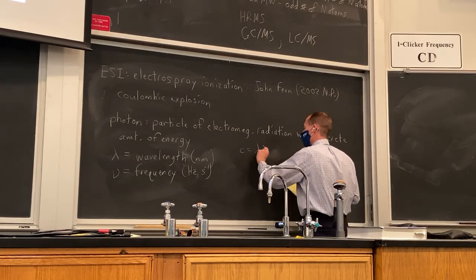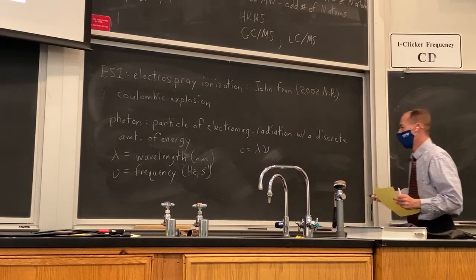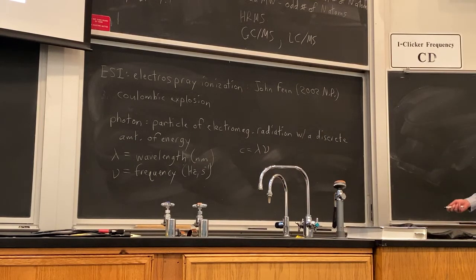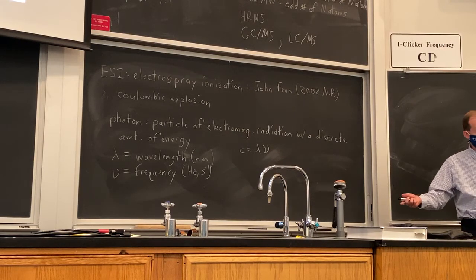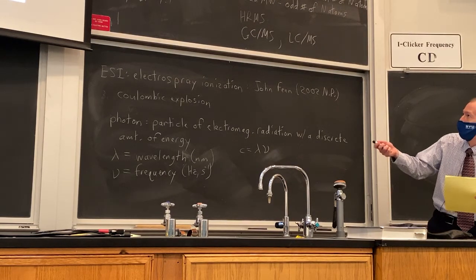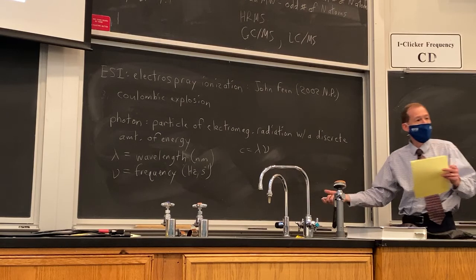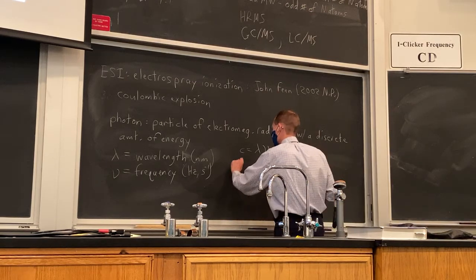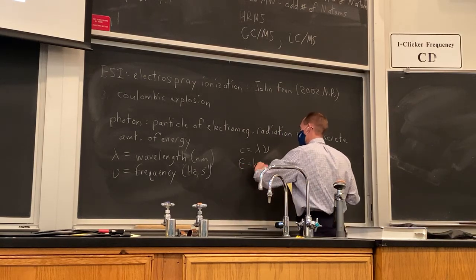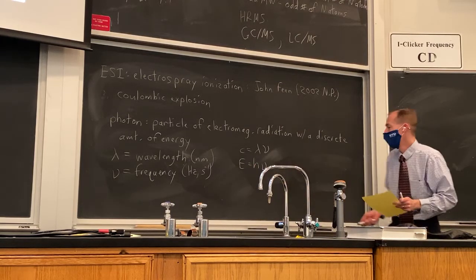The speed of light is equal to the wavelength times the frequency. So that equation tells us that frequency and wavelength are inversely proportional. We see that here on this diagram. Wavelength increases from left to right. Frequency increases from right to left. And then our second equation, we're just using these equations qualitatively in this section.